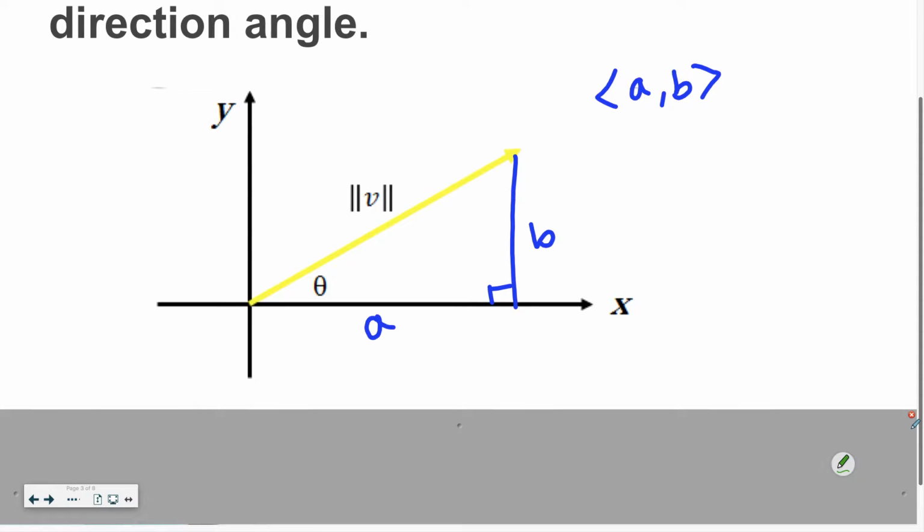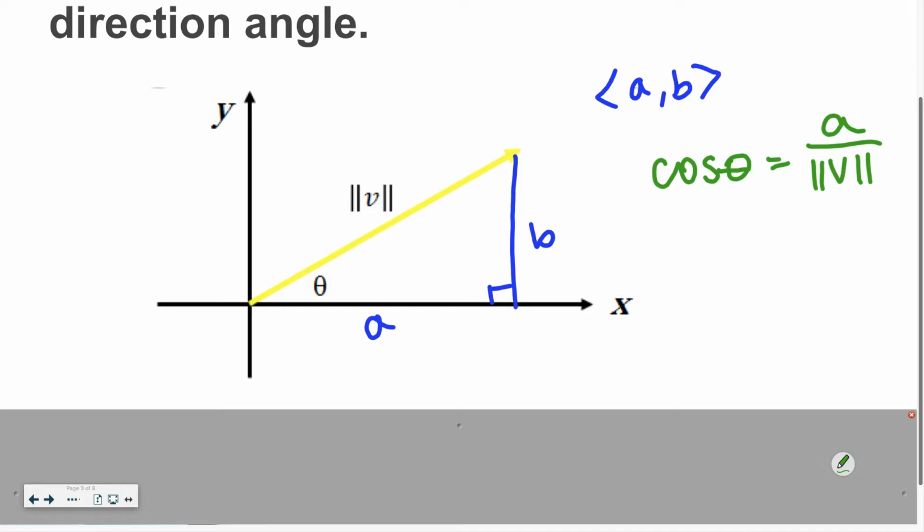All right, pod 3 back there. What do you think? Okay, so if I want to find the horizontal component A, what would we have to use? Okay, we know that the cosine of theta is adjacent over hypotenuse, right?